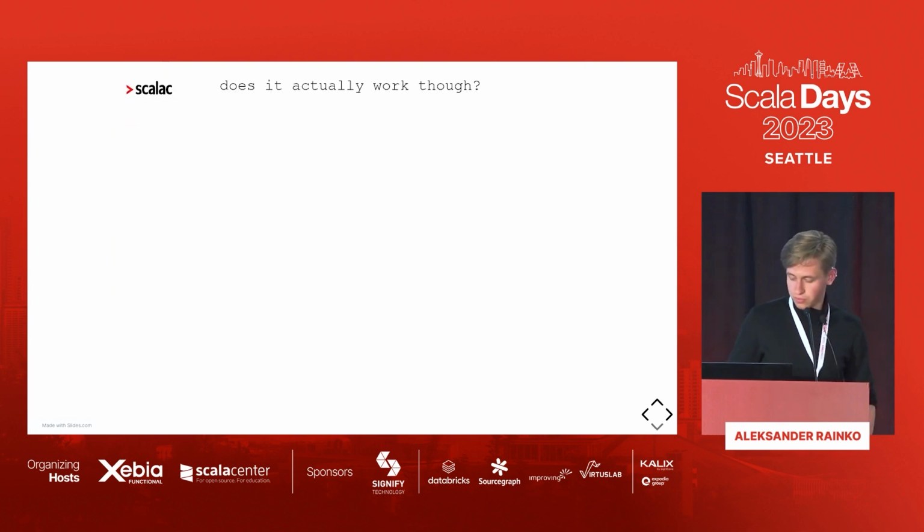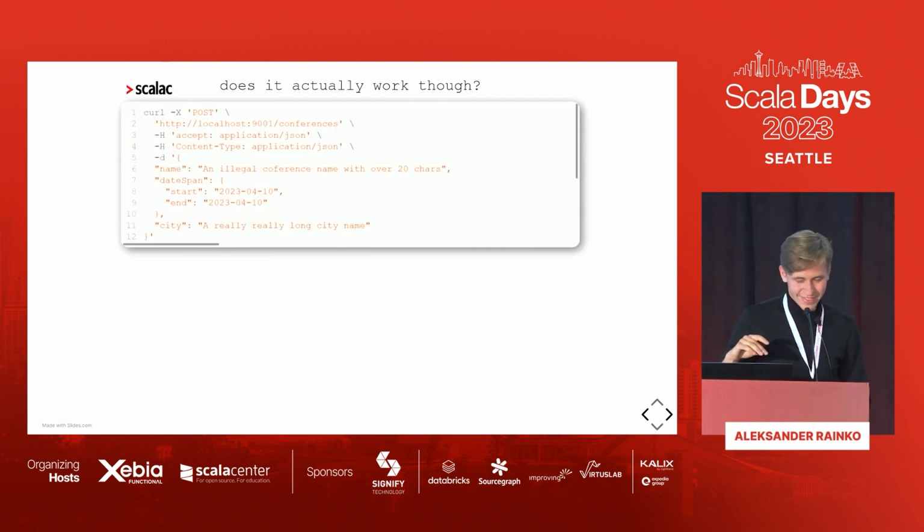So does it actually work? I don't have a live demo because they never work. Sorry. But yeah, if I were to start up a server with all the things that we created just a couple of minutes ago, and then create a call request to the endpoint we just created with some kind of JSON body that has a name inside, and that name is over 20 chars, and that has a datespan that is not before the end, and a city that is also over 20 chars.